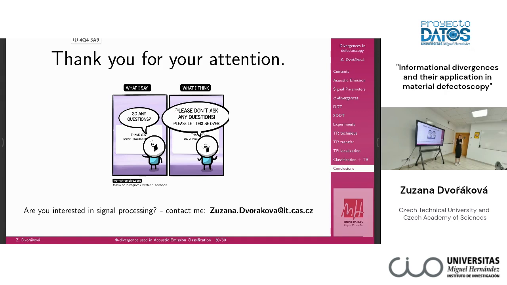So that's why I use it for calculation of the signal parameters, and during online experiments it was the same. I prefer this divergence, but it's possible to apply another divergence. But okay, it's another part of my investigation.